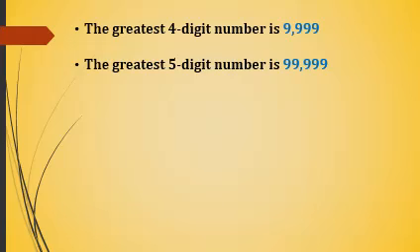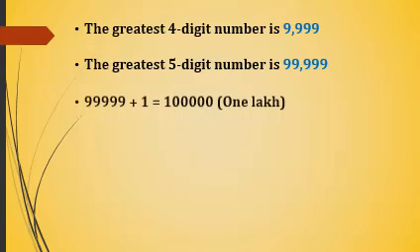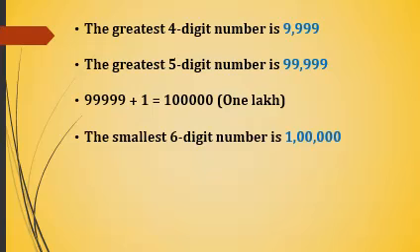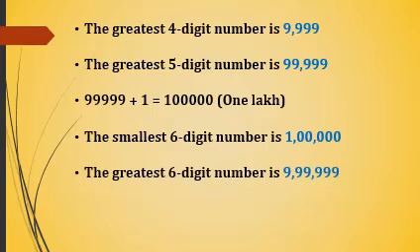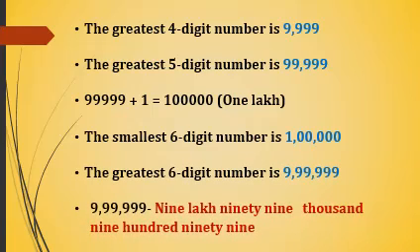When we add 1 to the greatest 5-digit number, what do we get? We get the smallest 6-digit number. The smallest 6-digit number is 1 lakh and the greatest 6-digit number is 9,99,999.